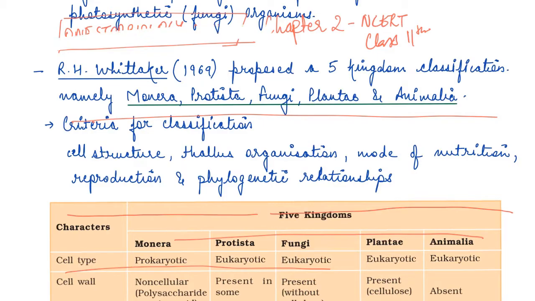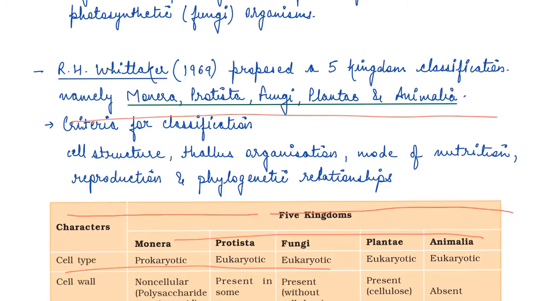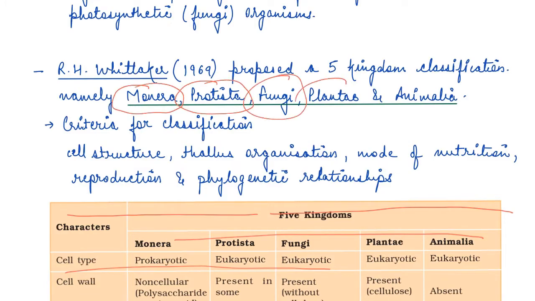Remember that he proposed a 5 kingdom classification, and what he did basically was he divided these organisms into five different groups, starting with the first being Monera, then Protista, fungi, Plantae and Animalia. So these two were the same as given by Carolus Linnaeus, and he added 3 more: Monera, Protista and fungi.